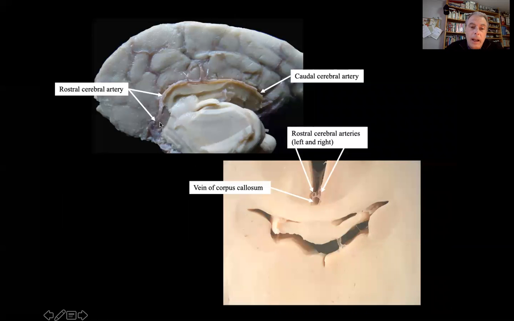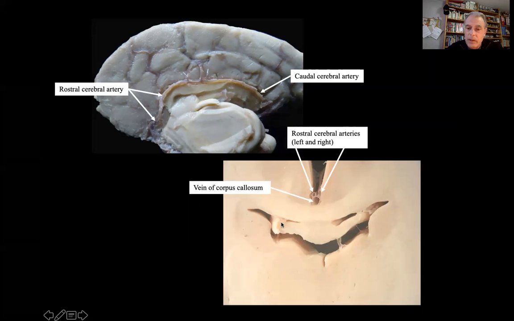And this is the rostral cerebral artery branching off some arteries that are going to vascularize the cerebrum, and in particular, as we'll see later, the rostral cerebral artery vascularizes the middle portion of the two thirds of the cerebral hemisphere, and continues to anastomose with the caudal cerebral artery.